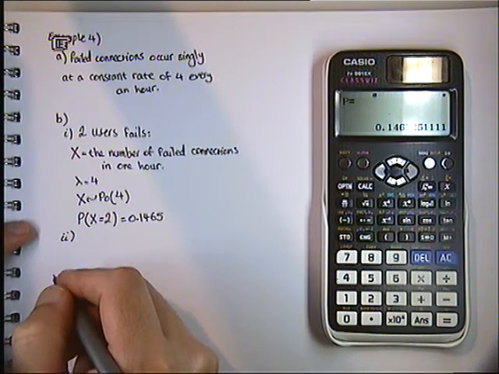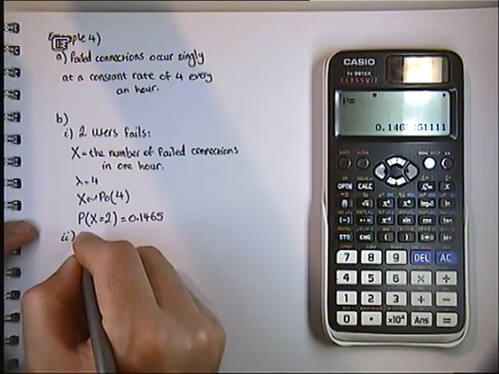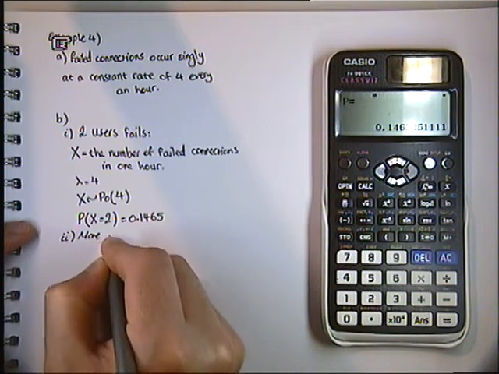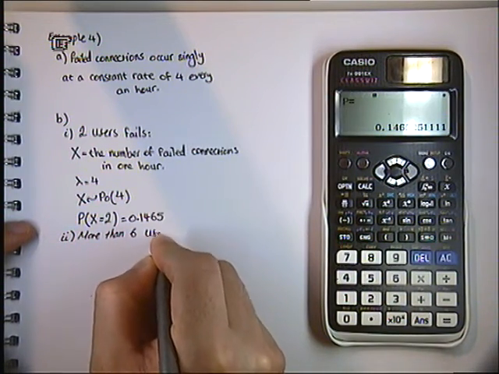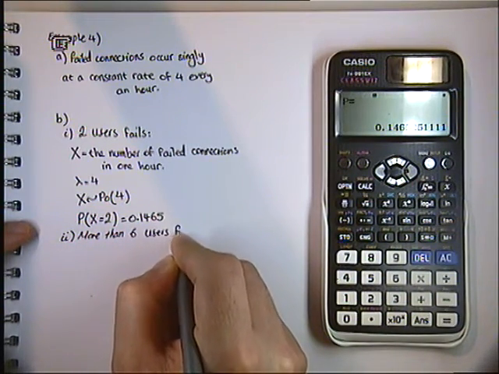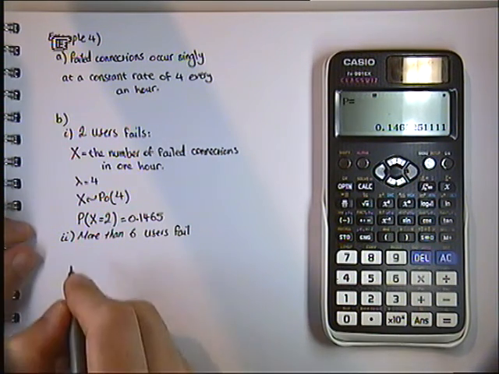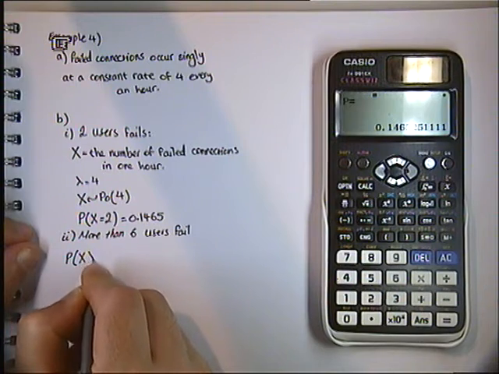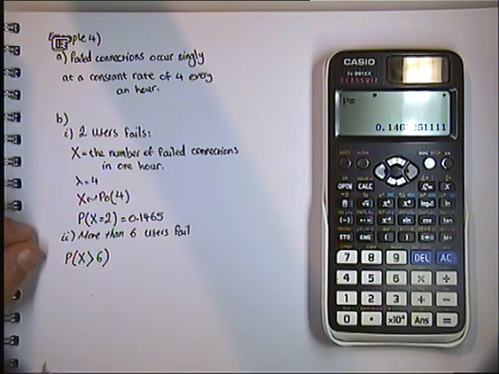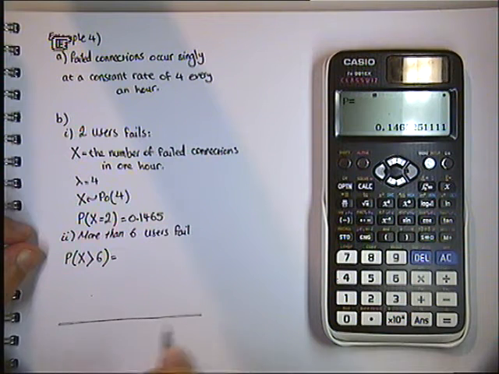Okay. Part 2. More than 6 users fail to connect at their first attempt. For more than 6 users, probability of random variable x is greater than 6. Since it is greater than, I draw a number line.